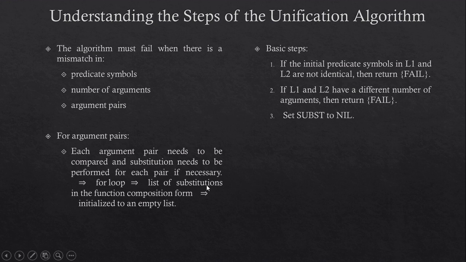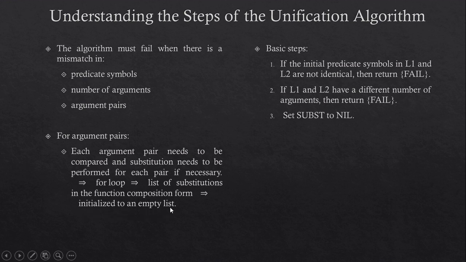So what should this list look like? It should be in the function composition form. Rightmost bracket the first substitution, next left bracket the next substitution, and so on. We have discussed this. The lines of code is supposed to return a list. That means it first has to be initialized to an empty list.